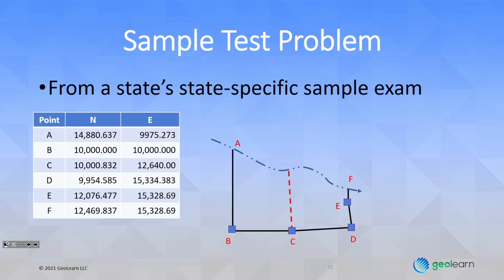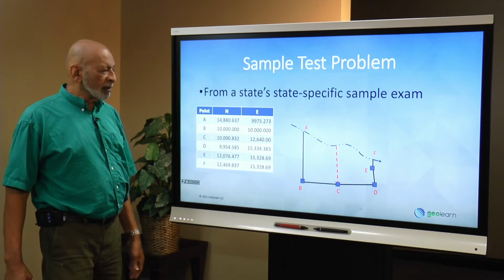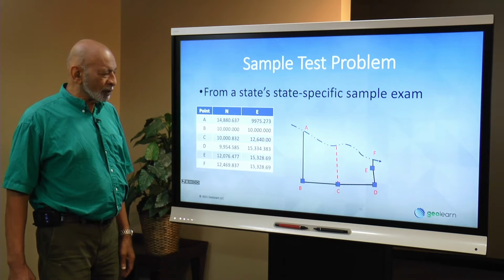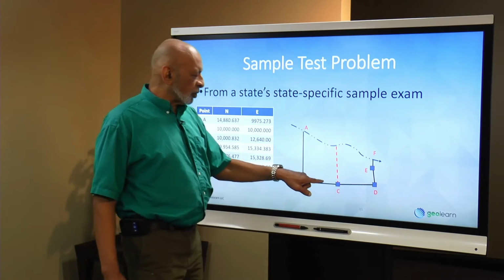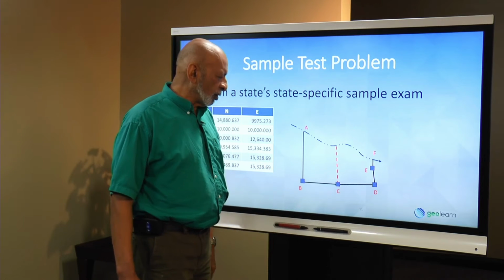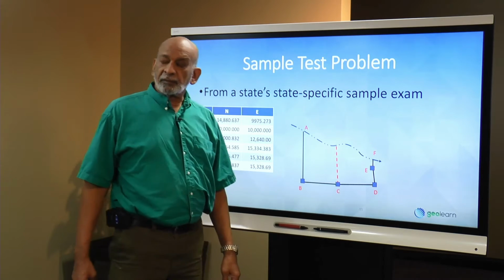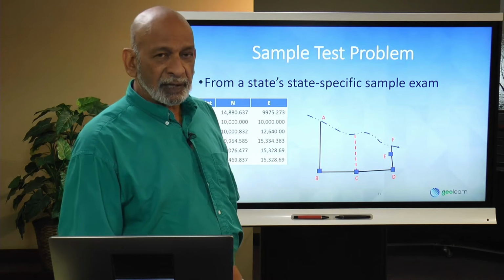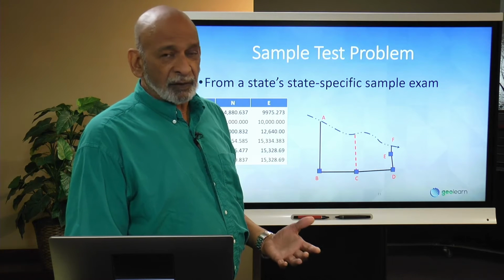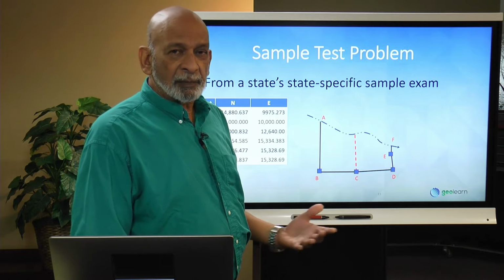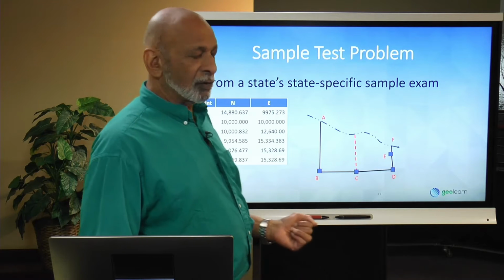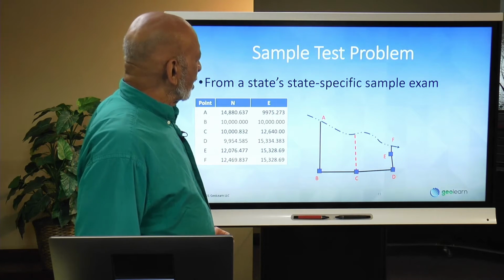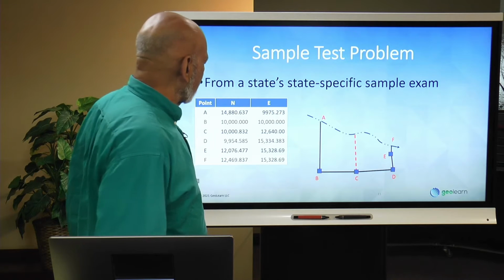Now I had to compute these manually using the data that you just saw, and I had to also manufacture data for BC and CD. And if you're ever curious about what the manufactured data is, calculate it by hand, and send me an email, I'll be happy to tell you if you got that correct.